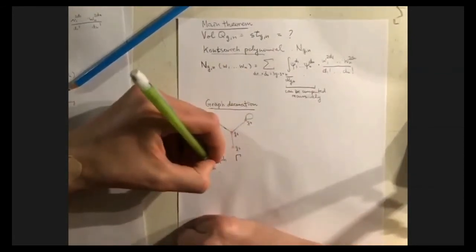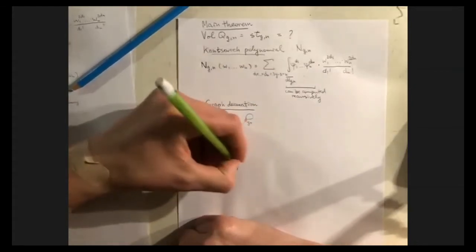Okay, let's call the graph gamma, and the set of vertices of this graph will always be denoted V of gamma, the set of edges E of gamma, and there will also be legs. Now I want to decorate this labeled graph.